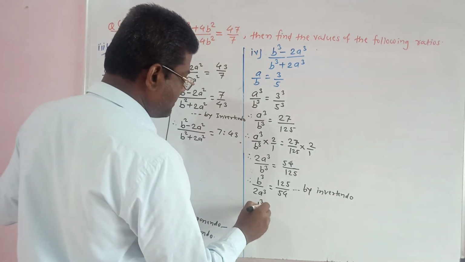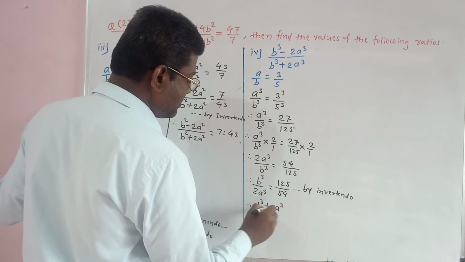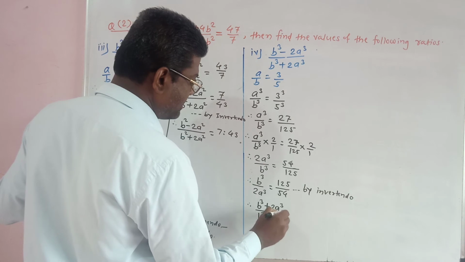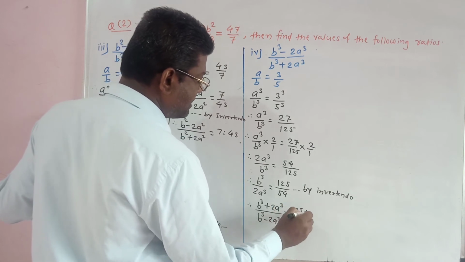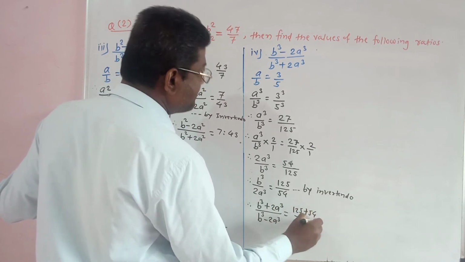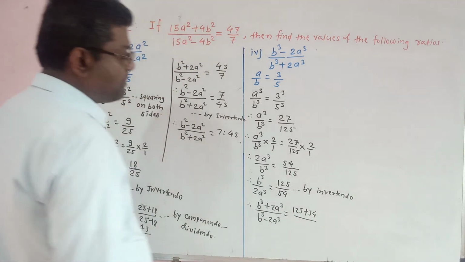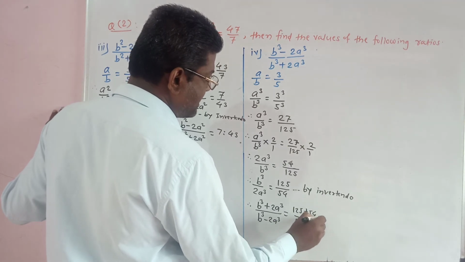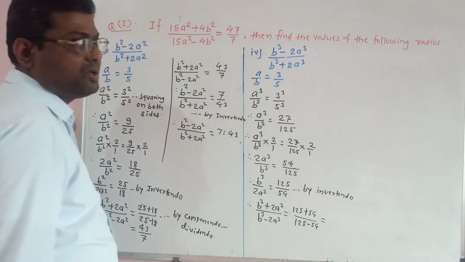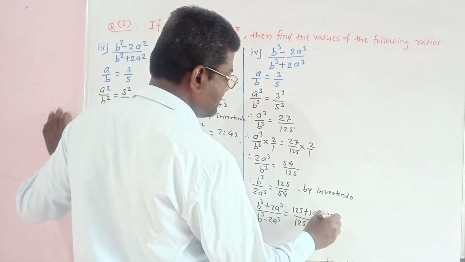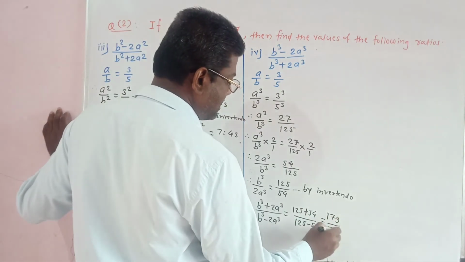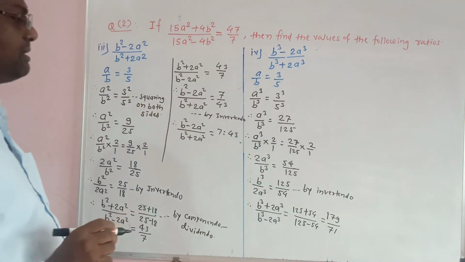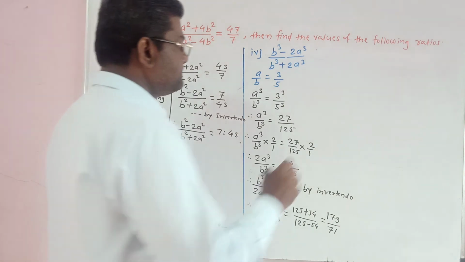Therefore, b cube plus twice a cube upon b cube minus twice a cube is equal to 125 plus 54 upon 125 minus 54. 125 plus 54 is 179, and 125 minus 54 will be 71.